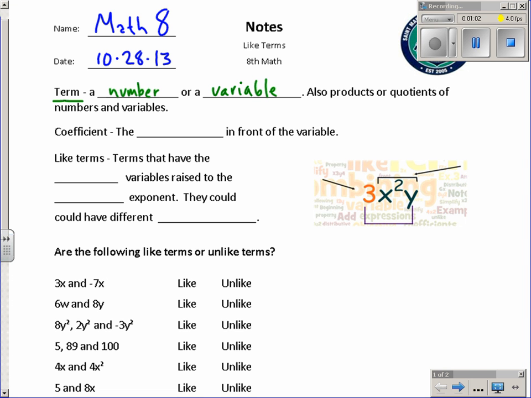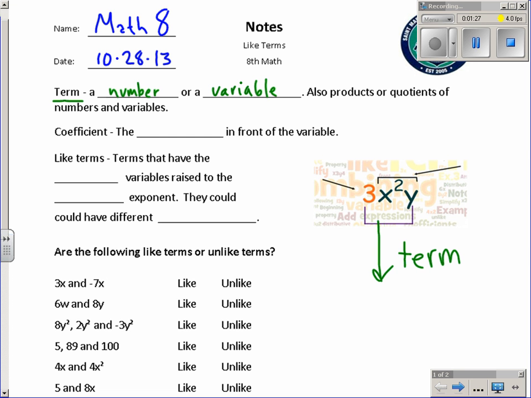So for example, here we've got 3x squared times y. That entire thing is considered a term because it is a variable times a number. So I should probably move this arrow to say that that entire thing is a term.